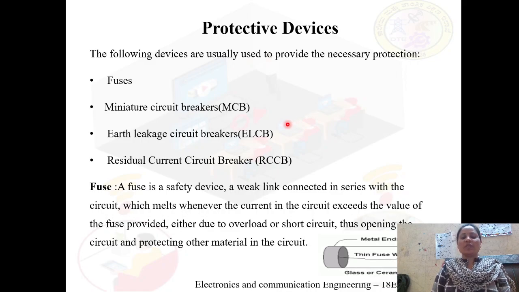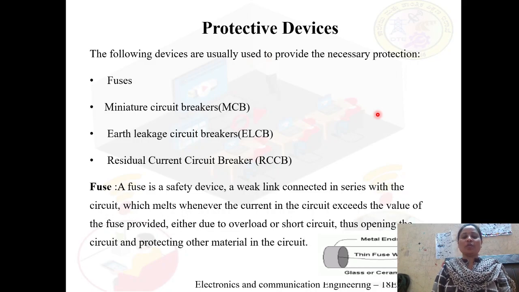Sometimes we may observe that there will be a flow of high current due to a short circuit. In such cases, it may damage the electric appliances which we use in the house or in offices.